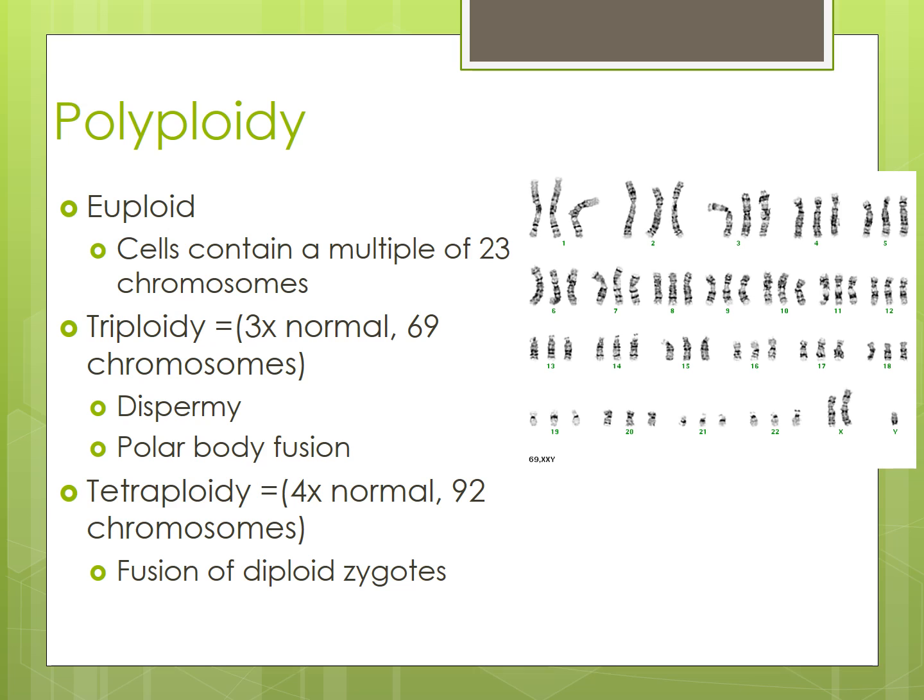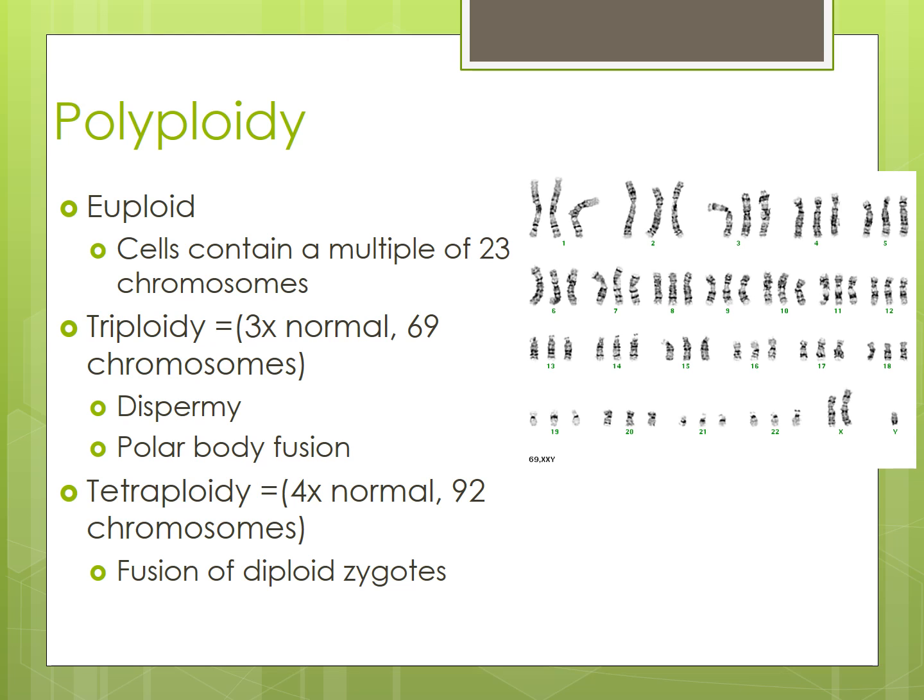This can happen if you have an instance called dispermy, in that the egg is fertilized by 2 sperm cells at the same time. So you'd have the 23 chromosomes from the one sperm, 23 chromosomes from the other sperm, and then you combine with the 23 chromosomes from the egg, and you end up with the 69 total chromosomes.